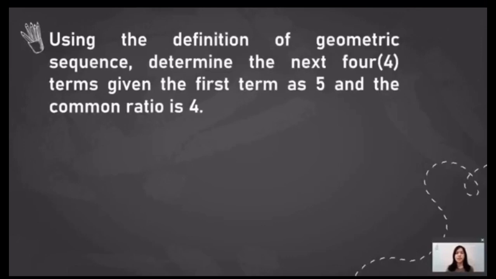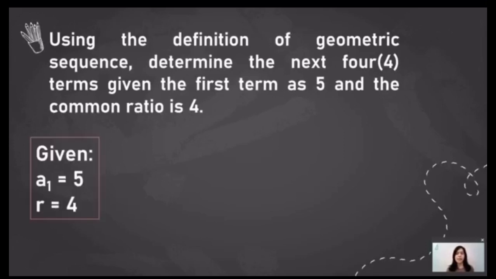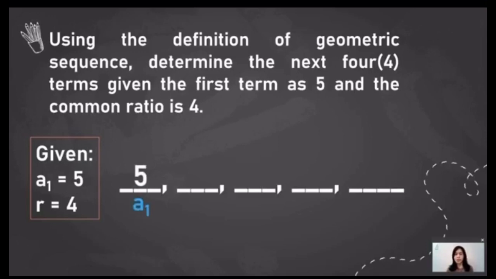Now, using the definition of geometric sequence, determine the next four terms given the first term as 5 and the common ratio is 4. For this problem, let us first identify the given. The given are the first term, a sub 1, is 5, and the common ratio is 4. We are looking for a sub 2, a sub 3, a sub 4, a sub 5.